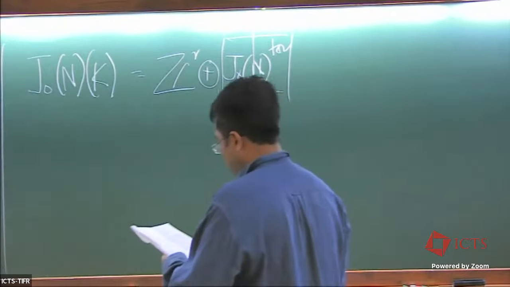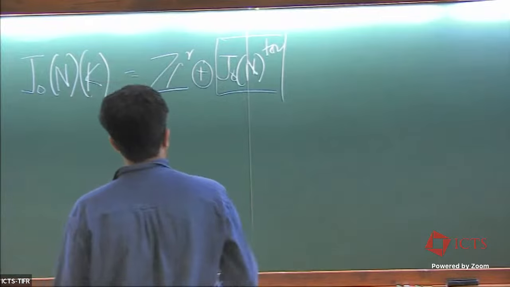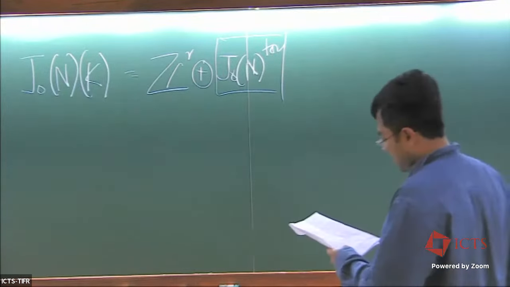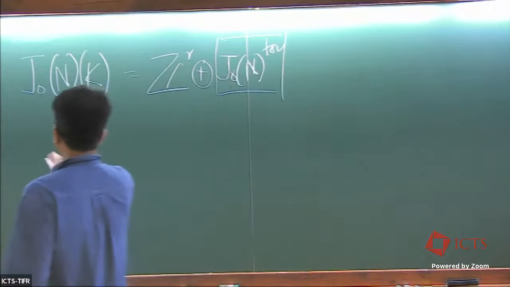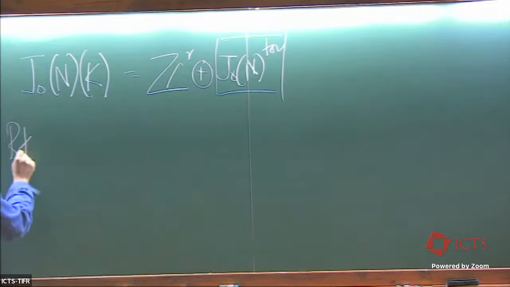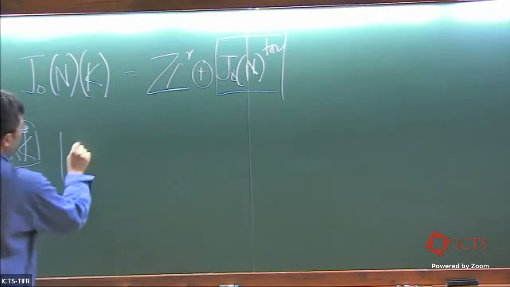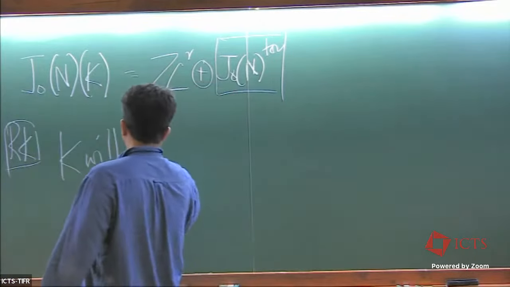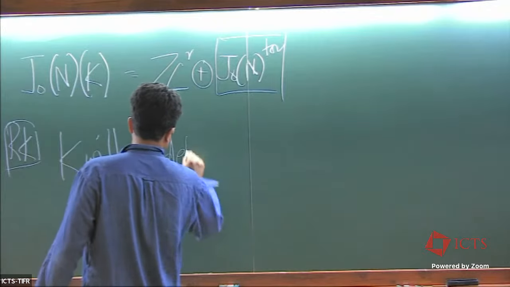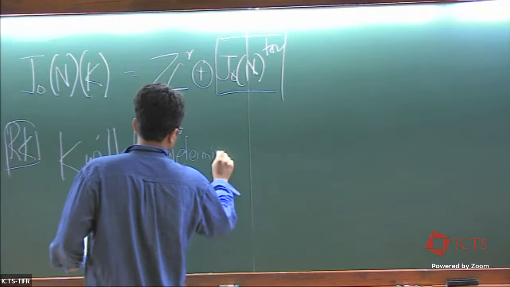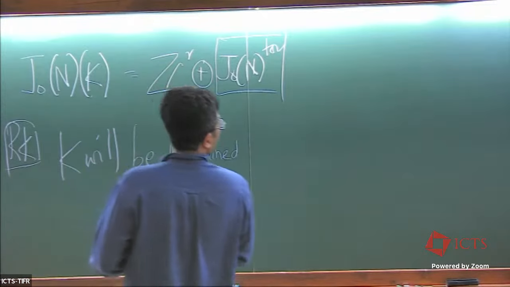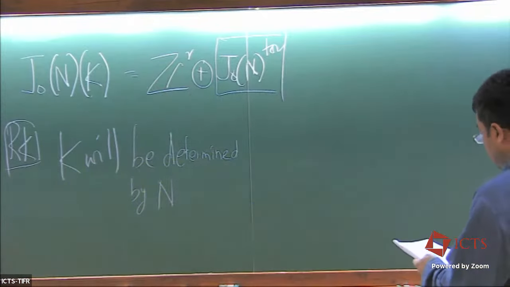I'll give a recipe of what J_0(N)(K)_tor is for general N. As a remark, K will be determined by N. I did not specify this K, but it will be determined by N.